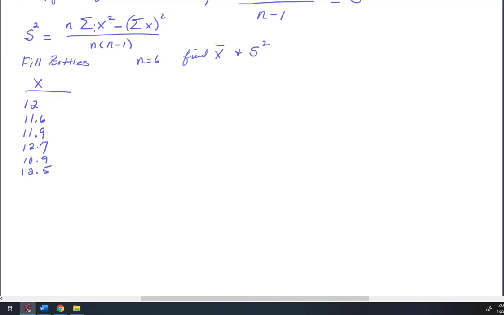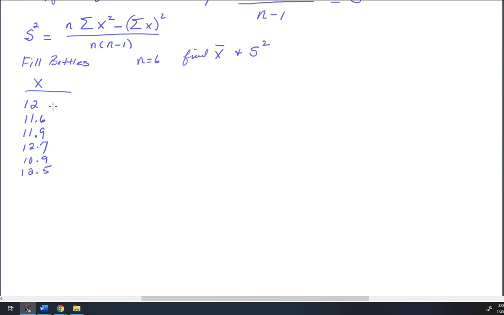Well, I'm going to use this formula right here. So this formula, just look at the pieces. I'd have to know n. I do, n is 6, I just counted. And I'd have to know the sum of the data, sigma x. And so I'd add up this column right here, just add up these numbers. And then what else would I have to know?